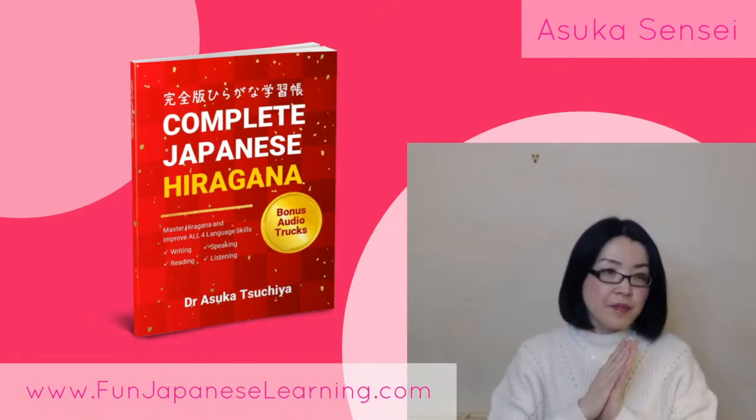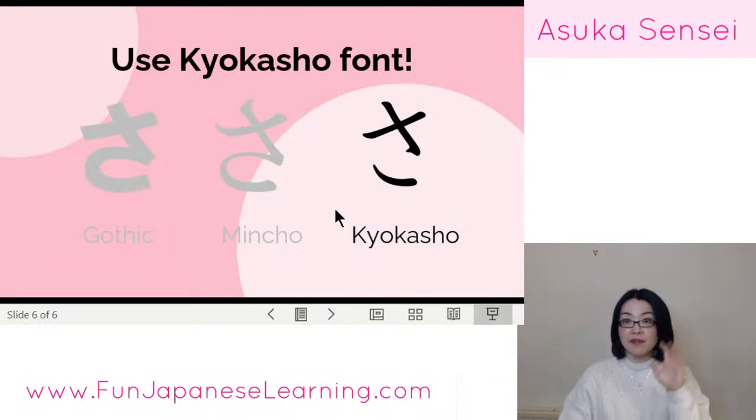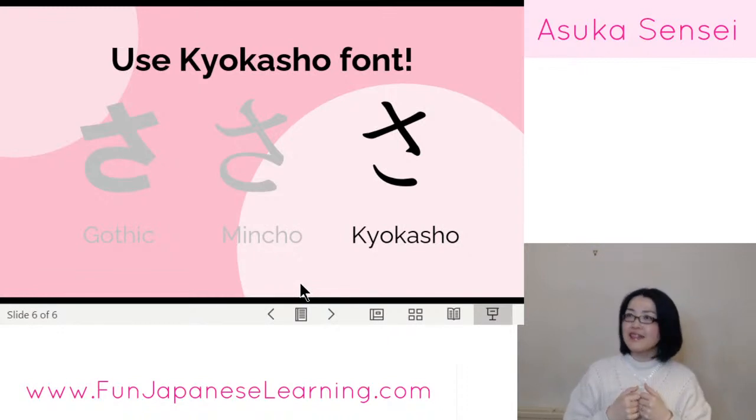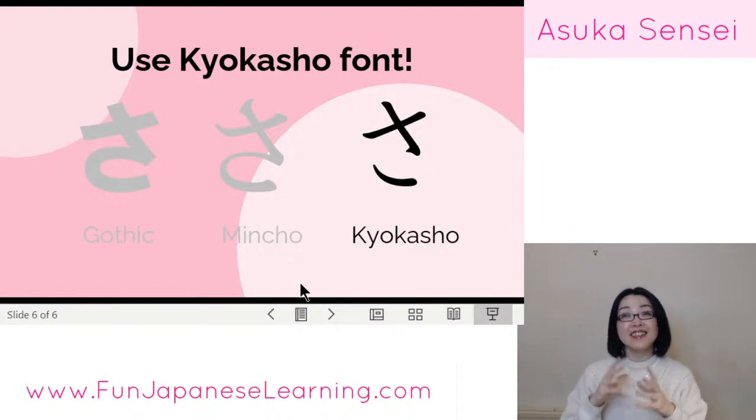So I recommend you use a workbook or textbook which uses kyokasho fonts, and understand the correct shape of each hiragana, katakana, and kanji letter. That helps you establish the ideal shape of each letter, and then you can write beautifully.